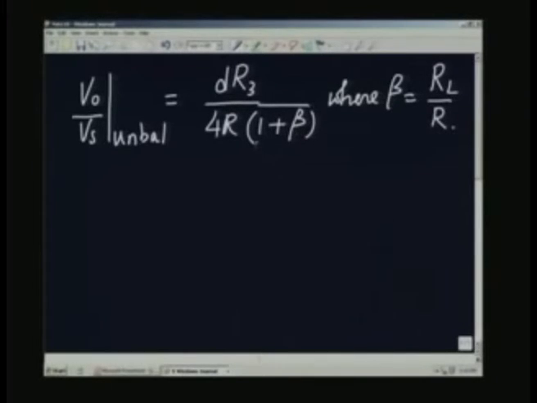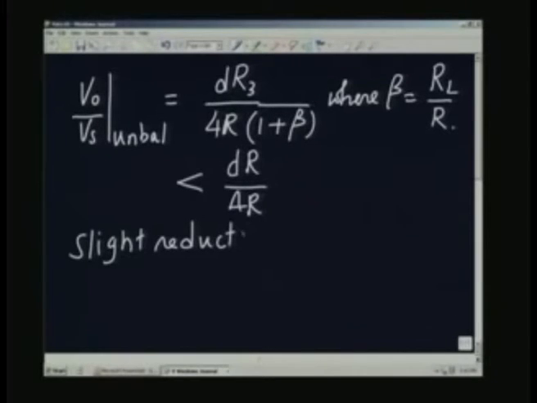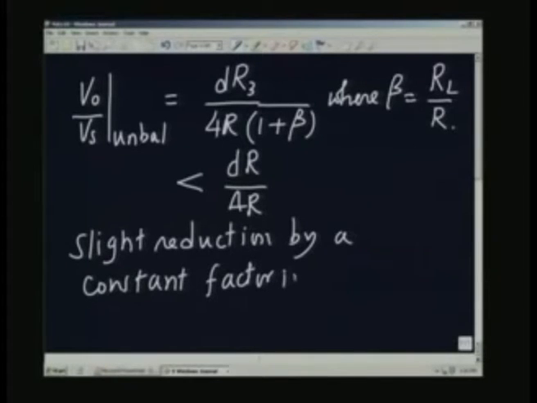Because 1 plus beta is greater than 1, this is less than dR by 4R, which we got earlier. Therefore, there is a slight reduction by a constant factor in the response.